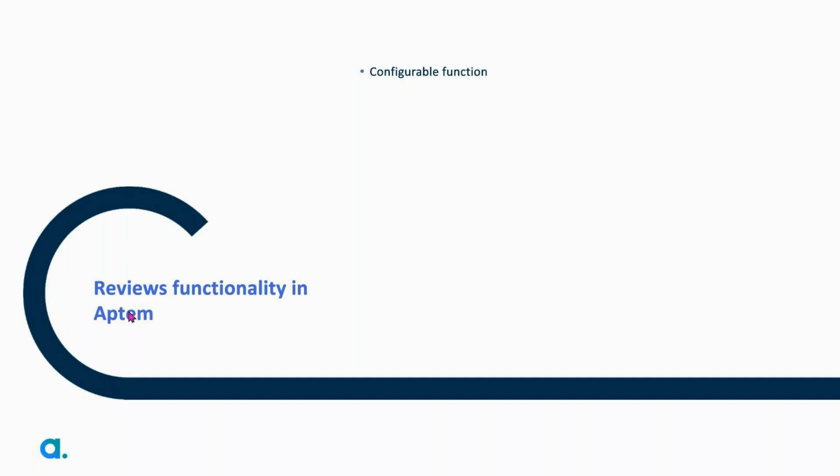Actually, the term reviews in Aptem simply refers to forms. It gives you the opportunity to build an extensive amount of forms within Aptem that can support every stage of the learner's journey. And this gives you a real configurable function. The reviews actually produce a PDF version as well.